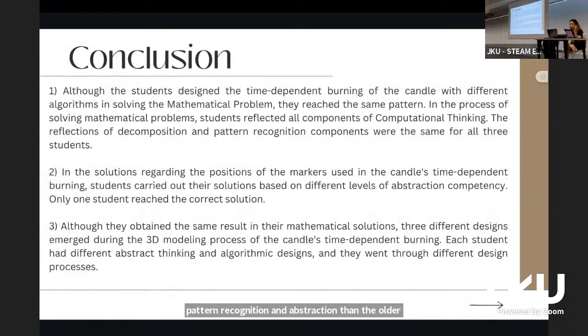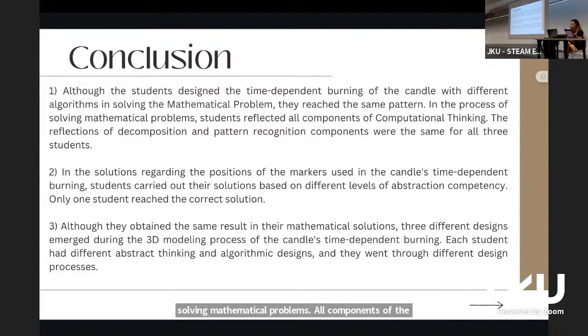To sum up, all students designed the time-dependent burning of the candle with different algorithms in solving the mathematical problem, and they reached the same pattern in the process of solving the mathematical problems. Students reflect all components of computational thinking.